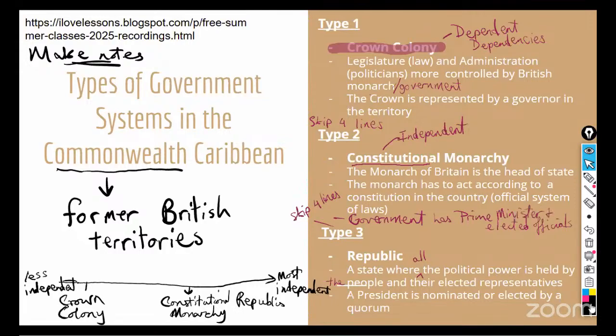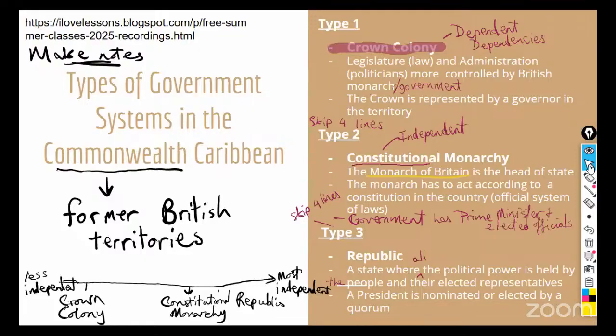but let me clarify that there's a head of state and then there's a head of government, right? The head of state in the constitutional monarchy is the British monarch, right? And a head of state usually has a ceremonial role. They hand out awards, they are present for parades. They could have a more active role if they speak out about certain policies that they have an opinion on, right?